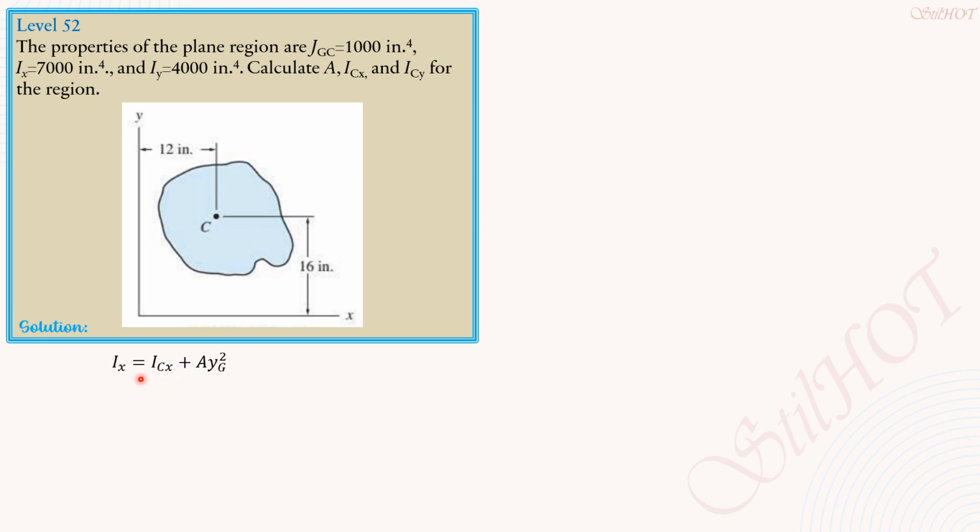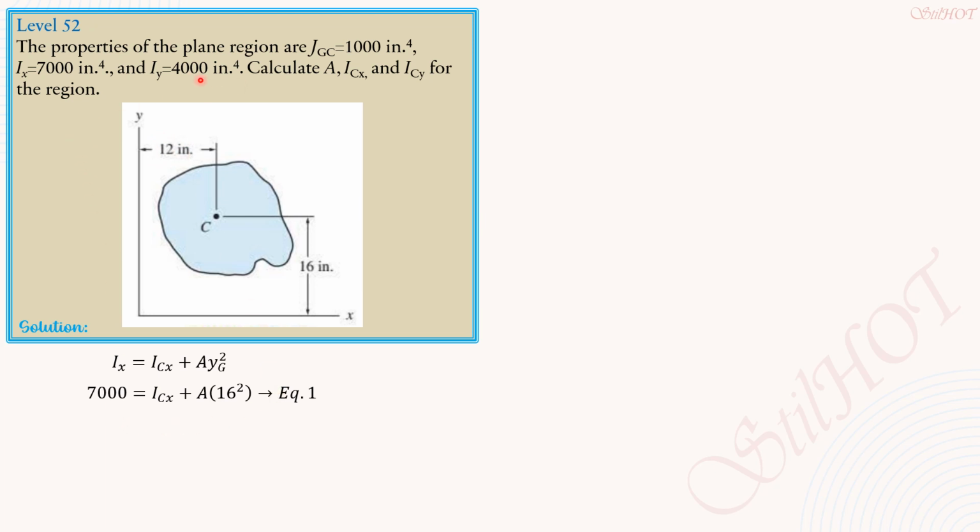So substitute here: Ix 7000 equals Icx plus area times 16 squared. Call that equation 1. Then Iy equals Icy plus area times 12 squared, because the distance between the centroidal axis and the y-axis, which are parallel, is 12.